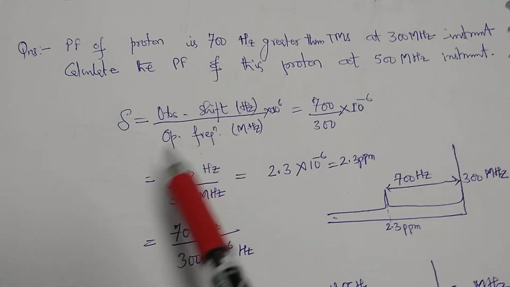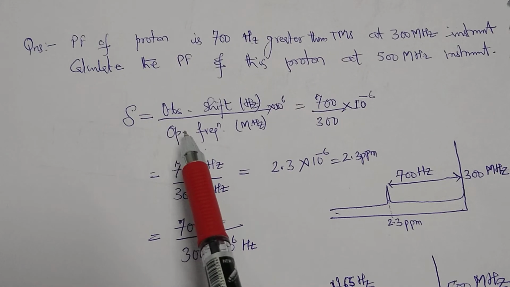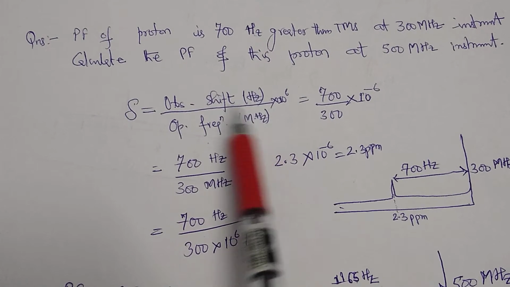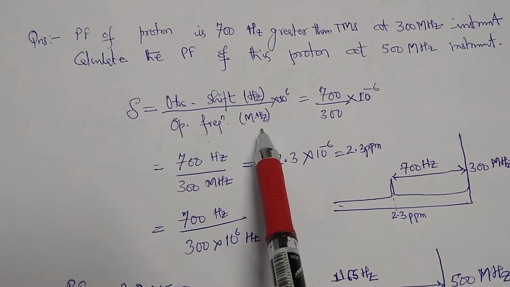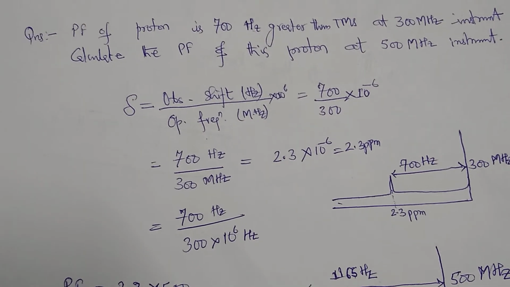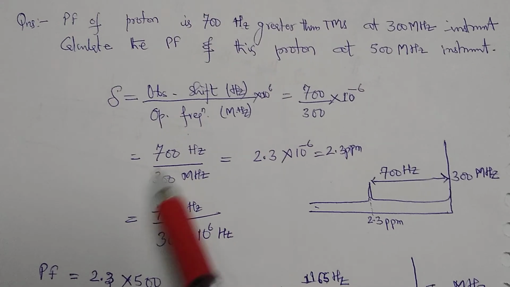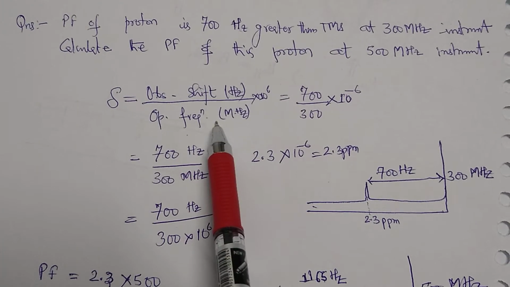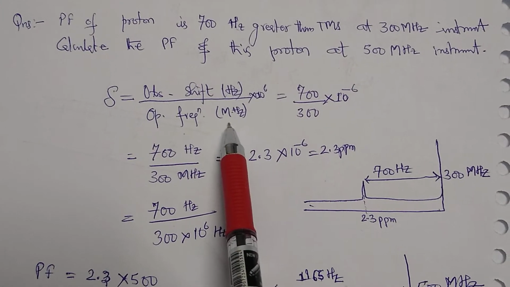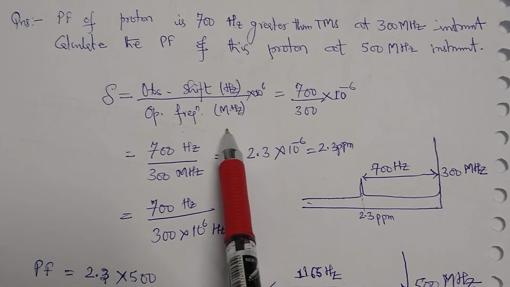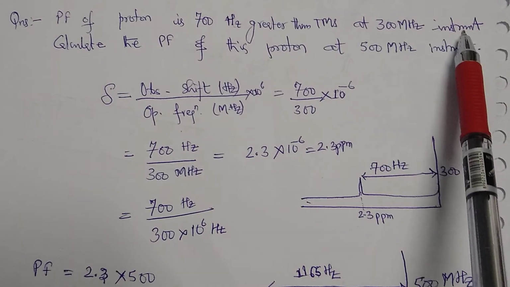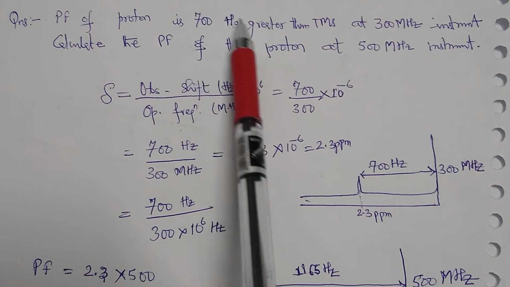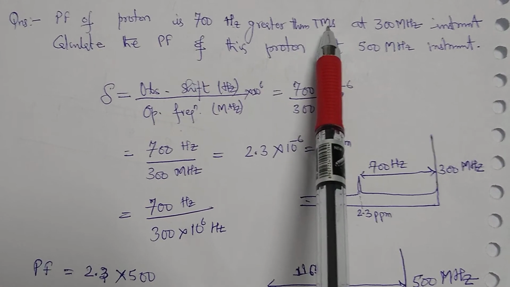As we have written above, the chemical shift delta is equal to the observed shift in Hertz divided by the operating frequency in megahertz. We know that the operating frequency for this instrument is 300 MHz, which is given in the question, and the observed frequency is 700 Hz, which is greater than that of the TMS.